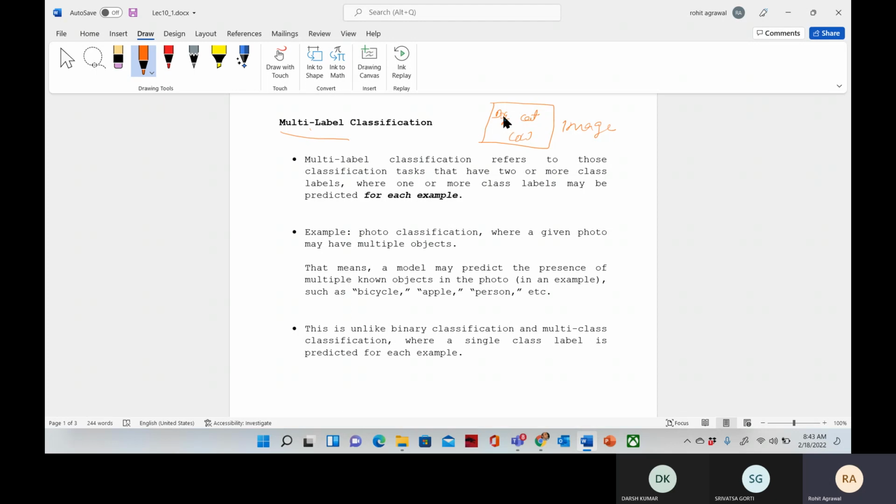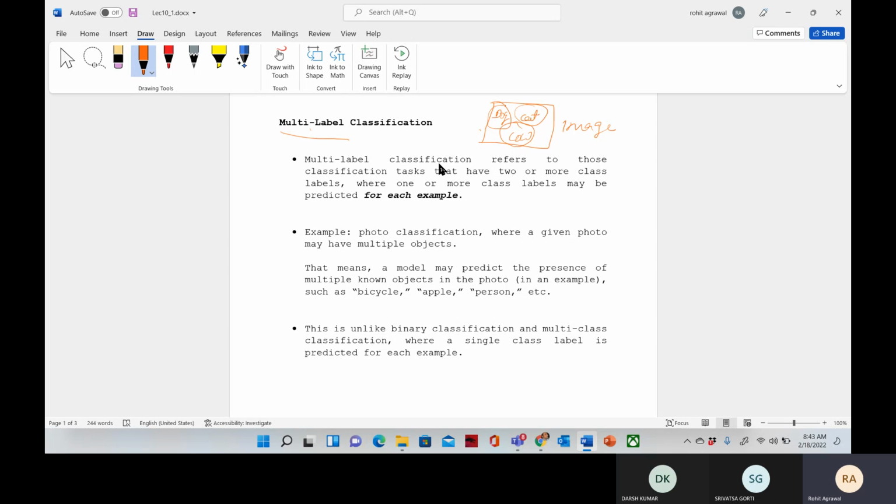So a particular image has different kinds of information. Each example, that means each image, has more than one class level. One class is this, one class is this, and one class is this. So this is called multi-level classification.